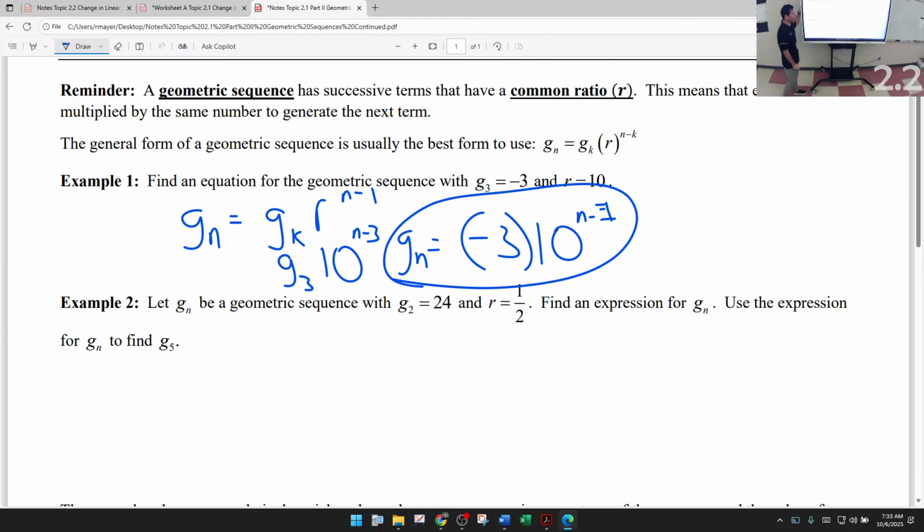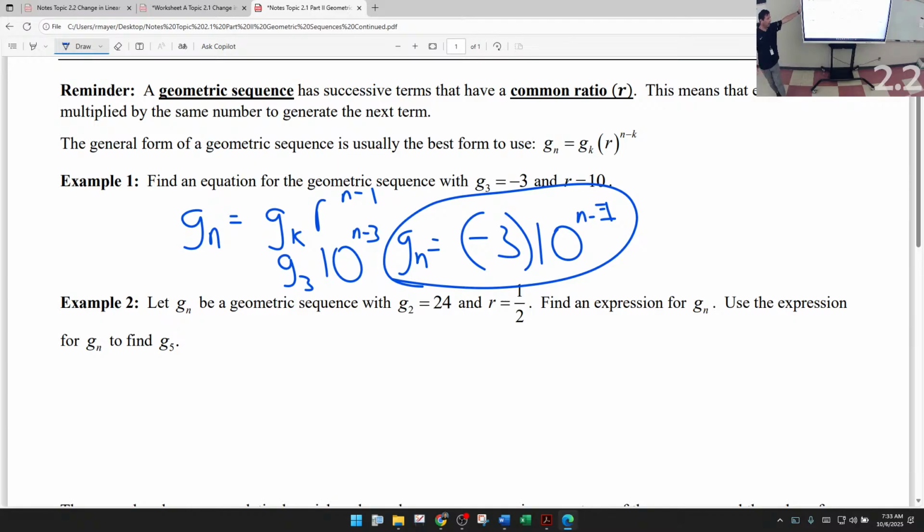Because k was 3, right? There. So if I plug in, oh, no, we don't have to find anything else now. Don't multiply the -3 and the 10, right? Don't. Is that better? Is that better?